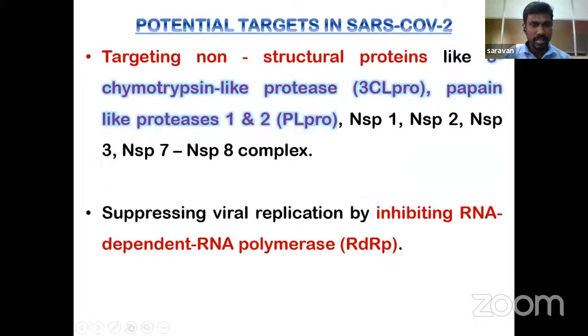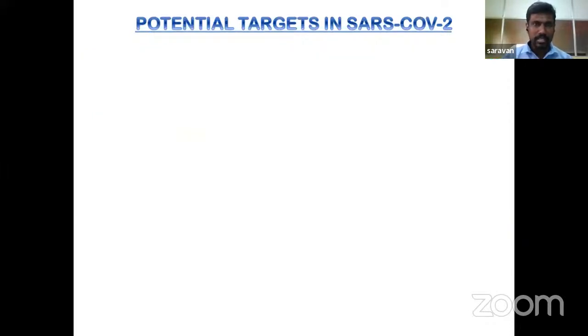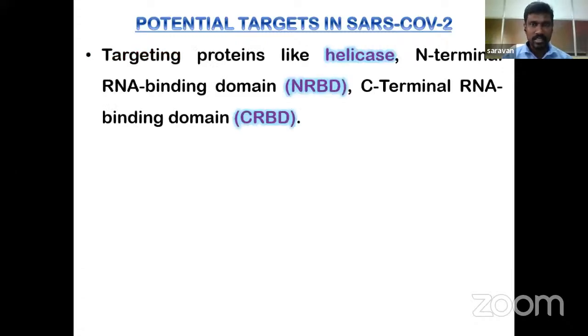The next target is suppressing the viral replication process by inhibiting the main enzyme, that is RNA-dependent RNA polymerase. The next target will be proteins like helicases, the N-terminal RNA binding domain, and the C-terminal RNA binding domain.